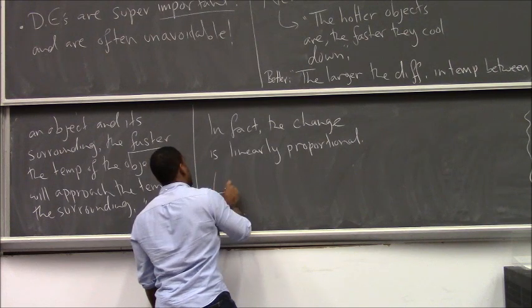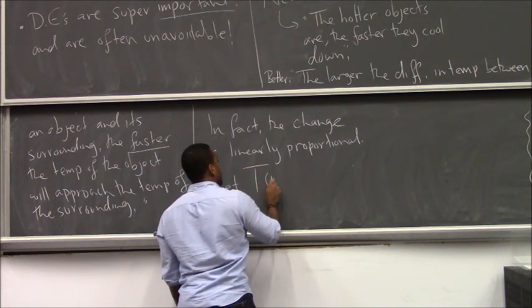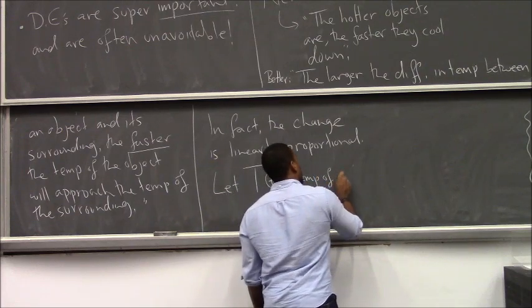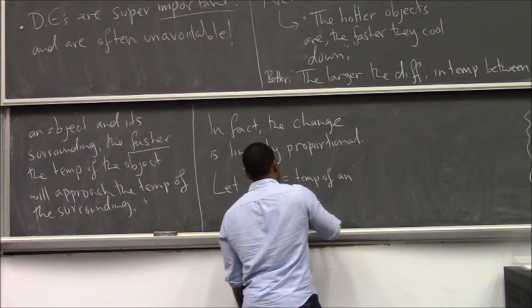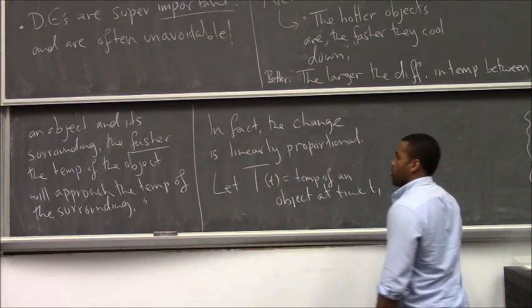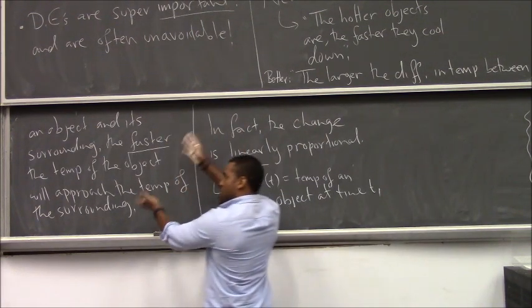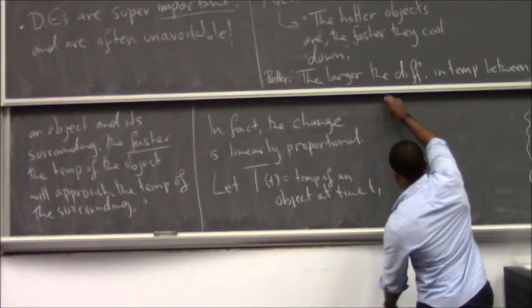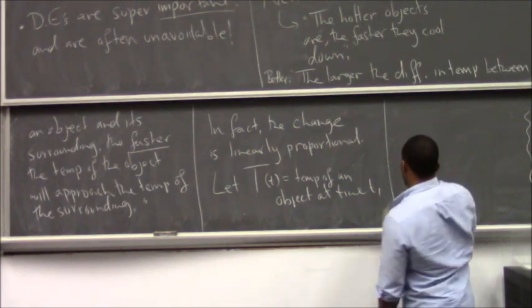So if I let big T of little t equal the temperature of an object at time t, basically what this idea boils down to, if you were to express that idea in a mathematical equation, here's how it would tend to look.